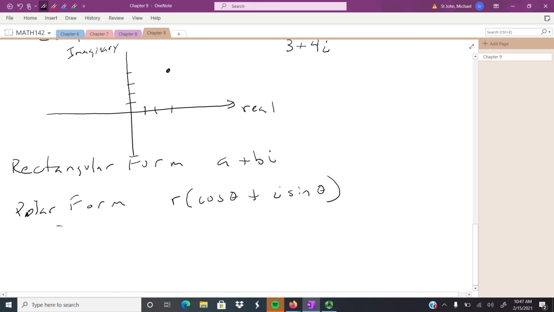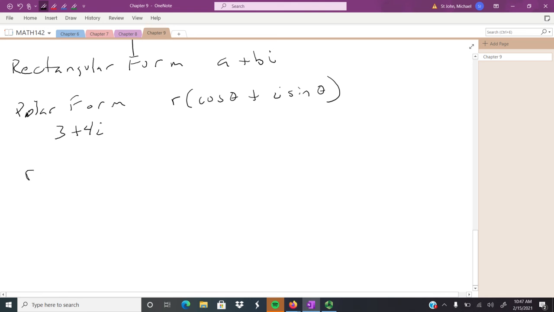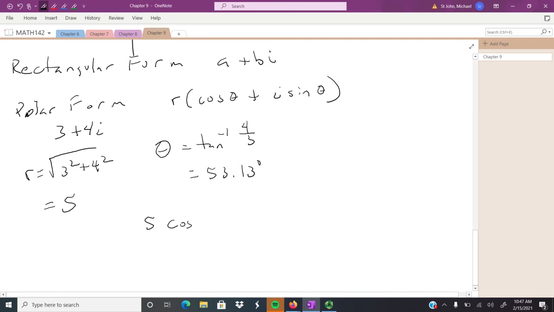So if I take the same point, 3 plus 4i, well, r is going to be the square root of 3 squared plus 4 squared. That'll be 5. Theta is going to be the inverse tangent of 4 over 3, which we said before gave us 53.13 degrees. And so this would become 5 cosine 53.13 plus i sine 53.13. And we get our point.